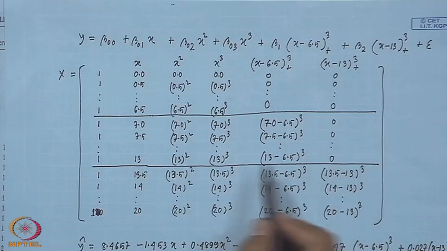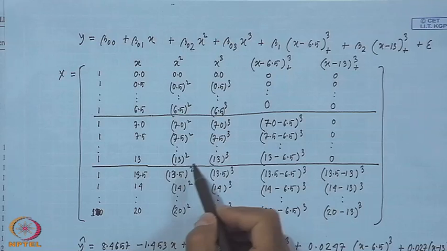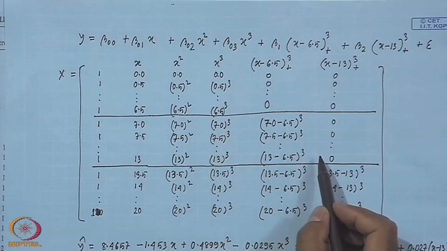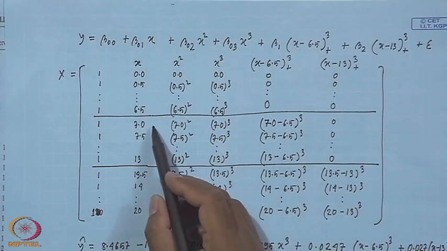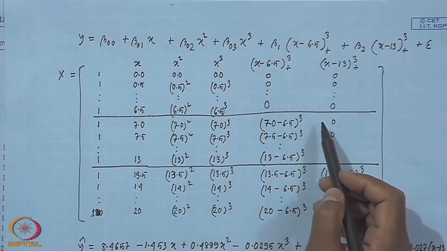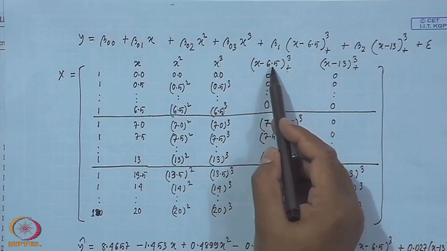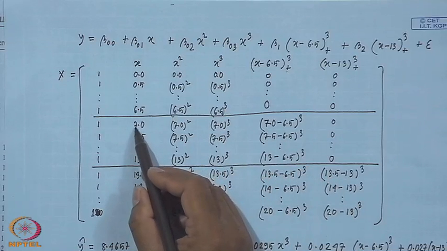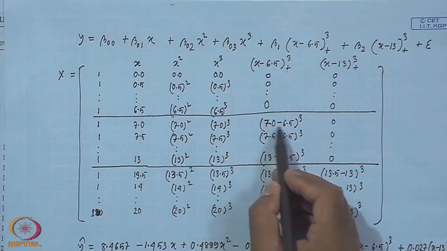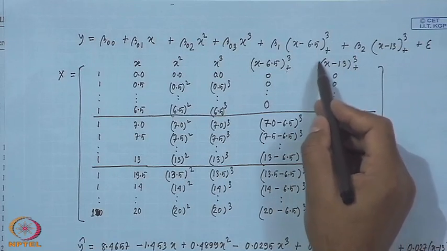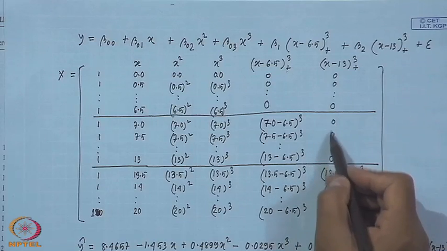In the second segment, we have these x values. You can square them and cube them, and in the second segment x minus 6.5 plus is equal to x minus 6.5. Accordingly I have tabulated the values here. For x equal to 7.0, we have 7.0 minus 6.5 to the power of 3, and in the second segment the x minus 13 plus term is equal to 0.